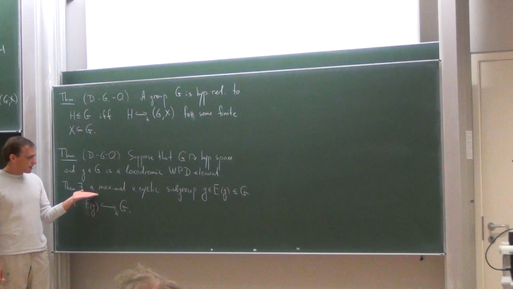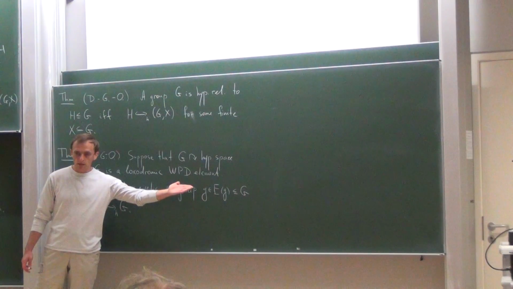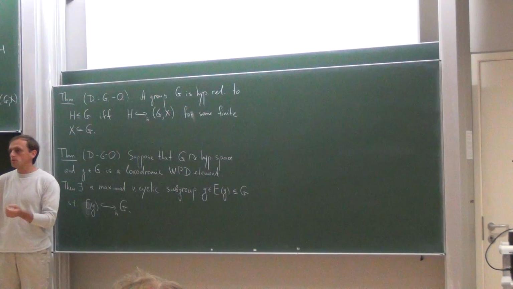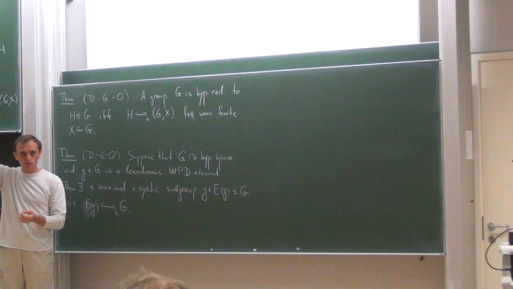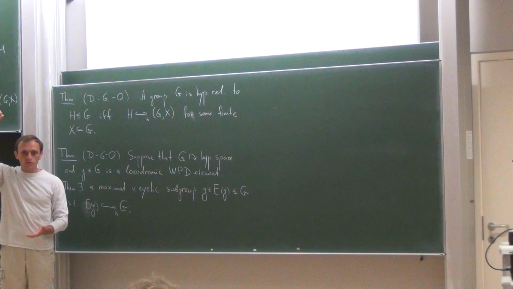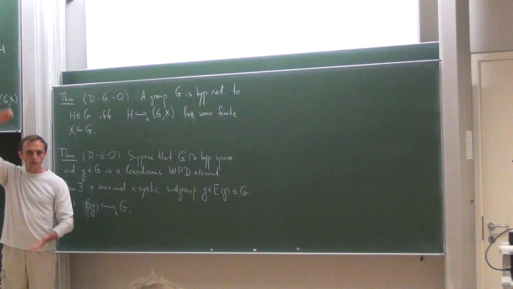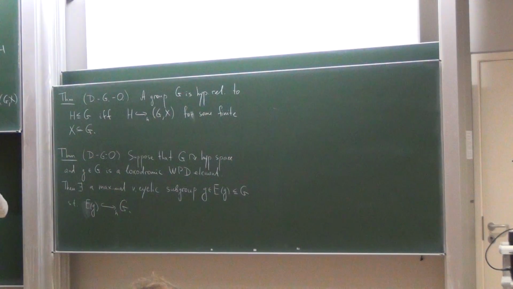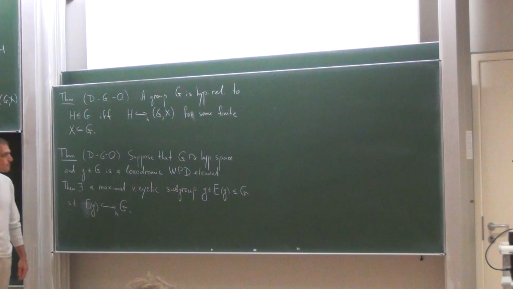Even the fact that there exists a maximal virtually cyclic subgroup is non-trivial, because in general there may not exist such a maximal subgroup, right? There may exist an increasing sequence of elementary subgroups containing g which doesn't stabilize, if there's some group which is, say, cyclic by locally finite or something like that.